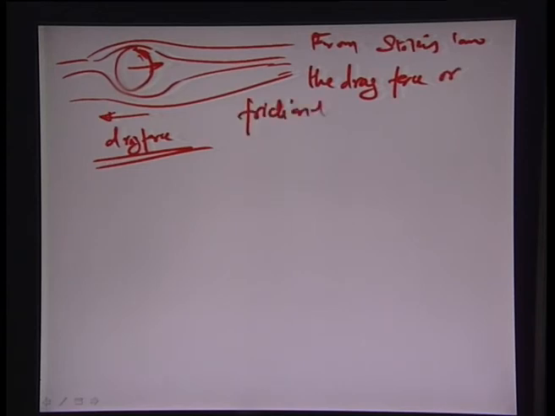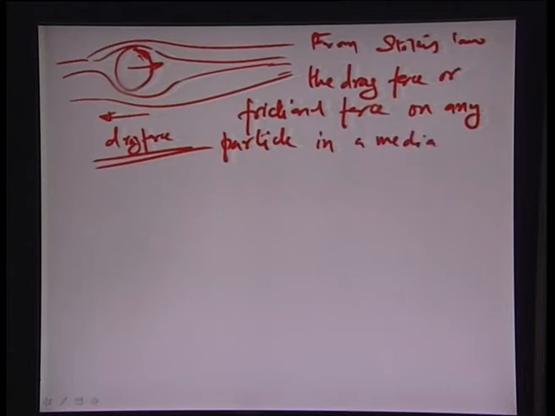This is a kind of frictional force that a particle faces once it flows through a medium. So it's a frictional force on any particle in the media due to viscous friction or viscous resistance.